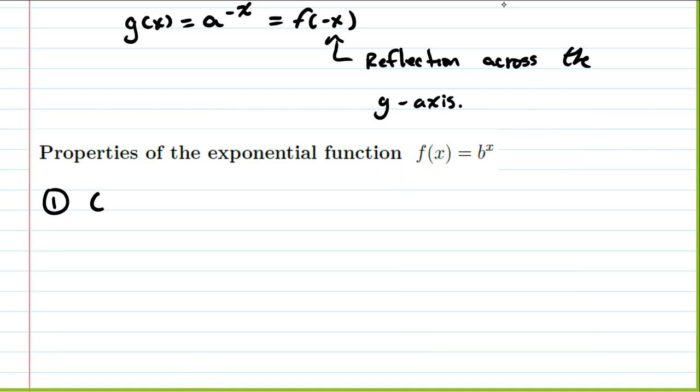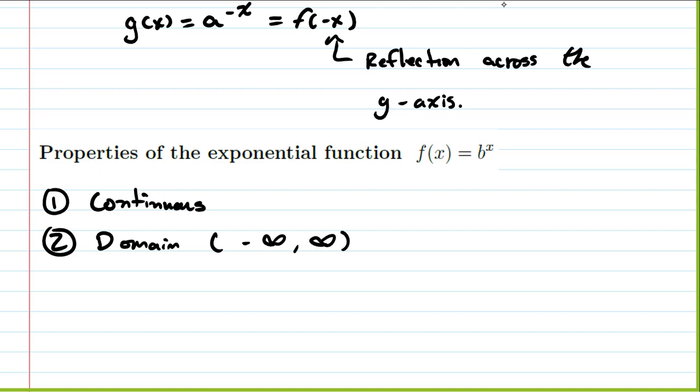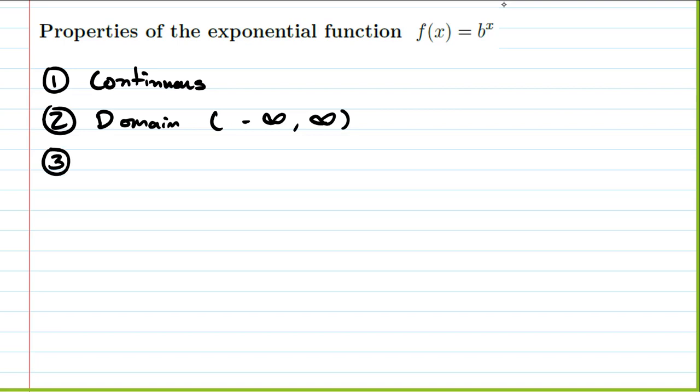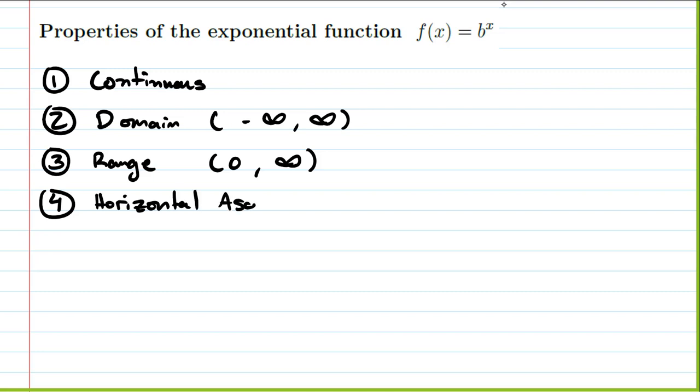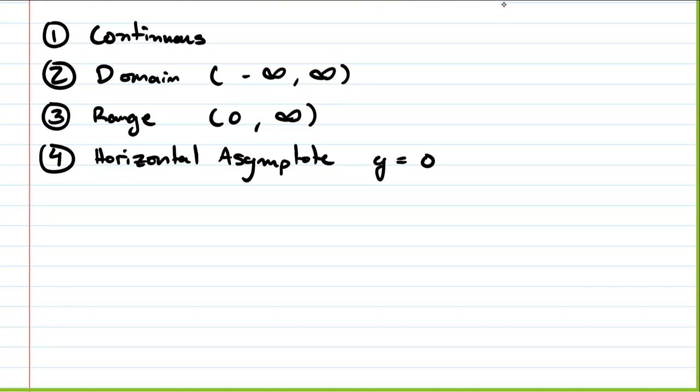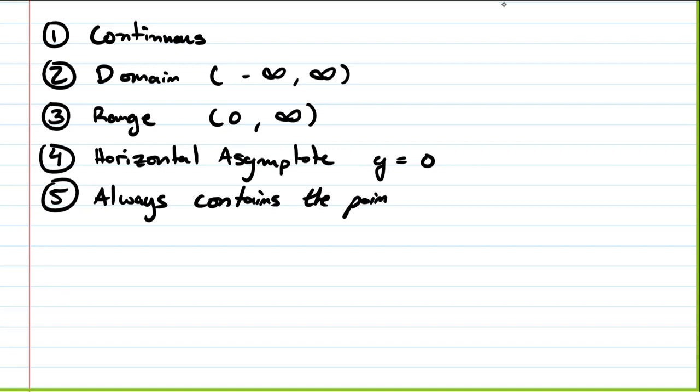First property, it is continuous. 2, it has domain all real numbers, so from -infinity to +infinity. 3, its range is going to be from 0 to +infinity, not including 0. 4, it has a horizontal asymptote at y is equal to 0. 5, it always contains the point 0, 1.